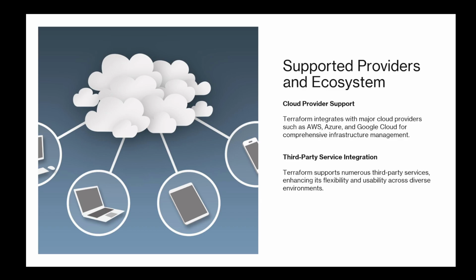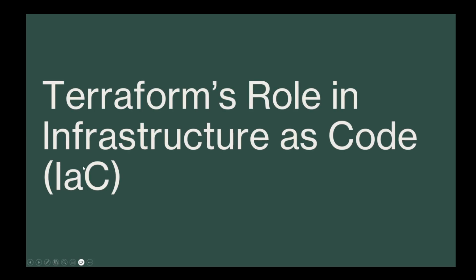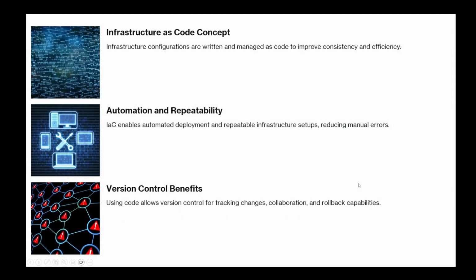It also has third-party service integration, which supports numerous third-party services, enhancing its flexibility and usability across diverse environments. Now, we'll quickly go through Terraform's role in infrastructure as code. So let's move on to the next one.